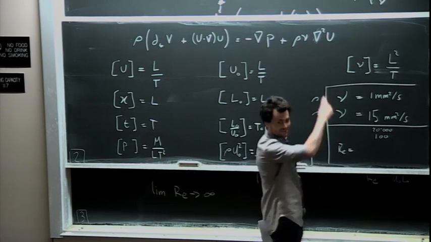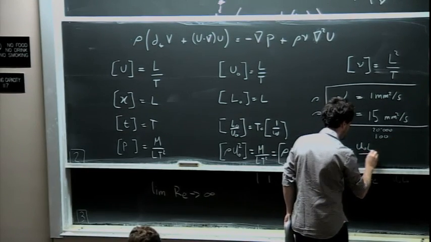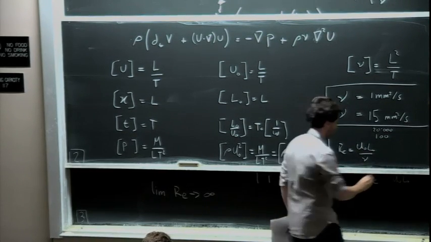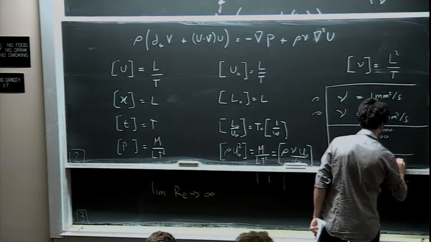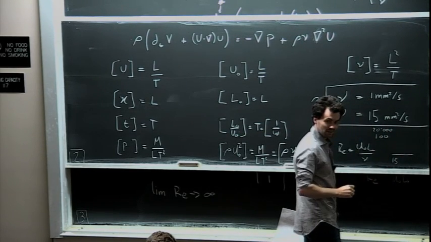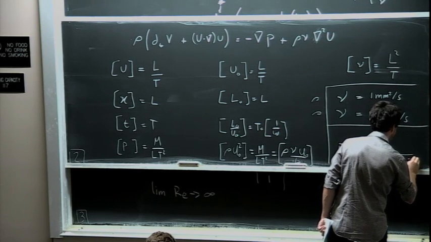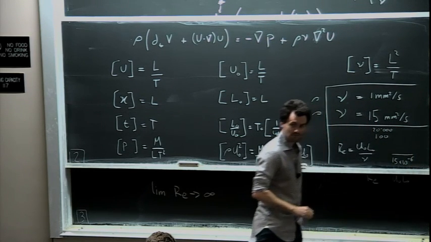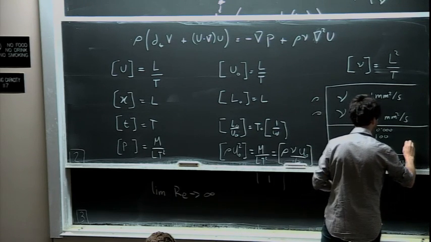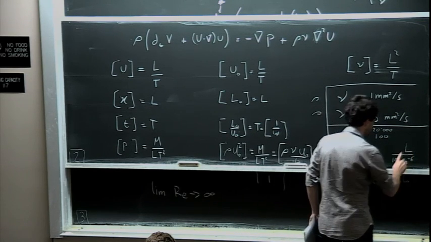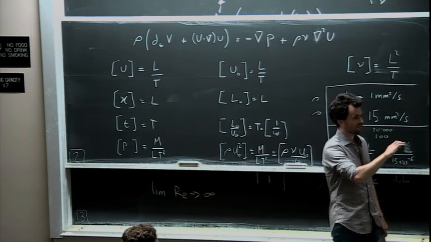I have a hint. It was written on the board before. It's u naught L naught over nu. In air, nu is 15 millimeters squared per second. In SI units, that is 15 times 10 to the minus 6 meters squared per second. Anybody can tell me what L naught is for an airplane wing? 50 meters? 100 meters. Okay.